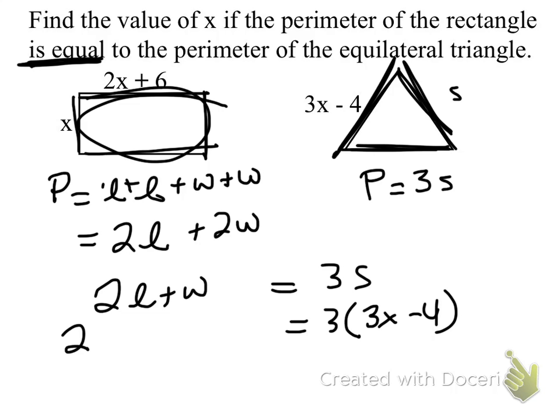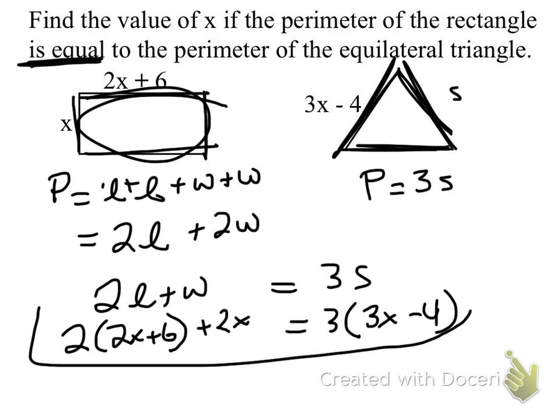What's the measure of the length for the perimeter? For the rectangle. 2x plus 6. What's the measure of the width? X, but I have 2 of those, so I have to say times 2. Do you see how the equation's built? And then you have to solve it.